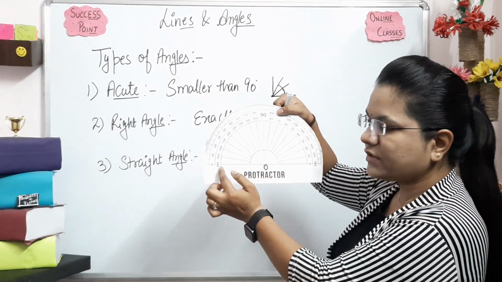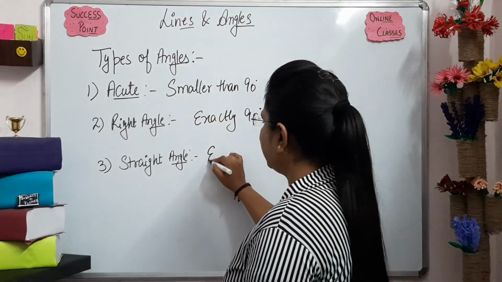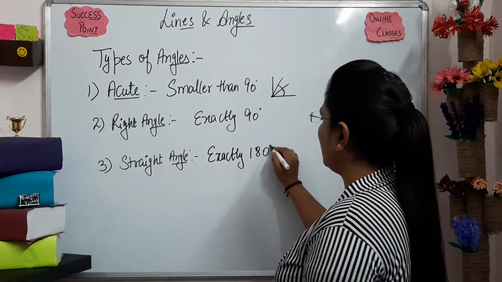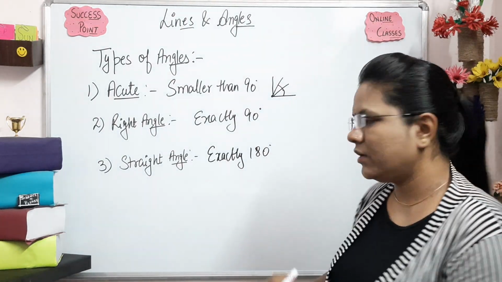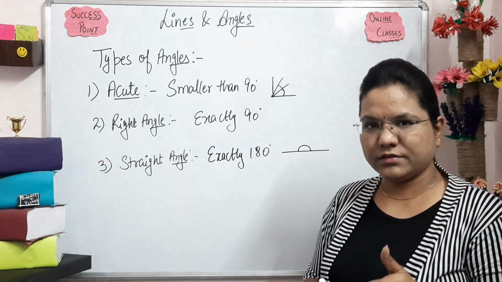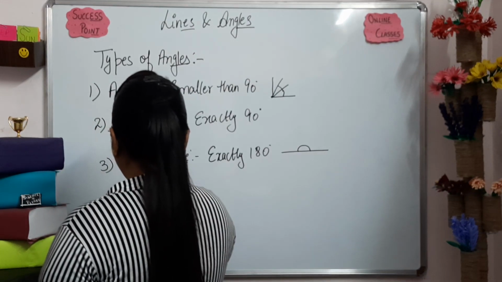If it forms a straight line, it forms a straight angle. So it is exactly 180 degrees. Now how can it be? It will be like this. The fourth type we have is the obtuse angle.